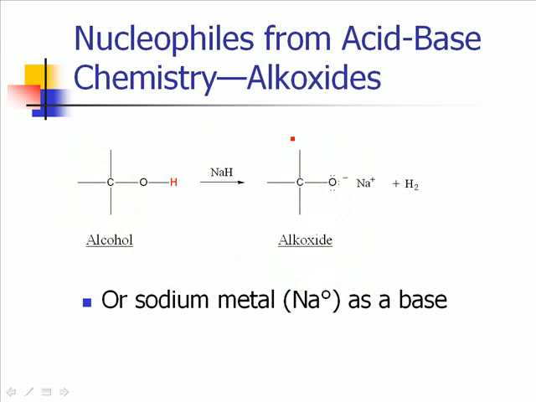Let's look at how we could synthesize the nucleophile alkoxide from an alcohol. Alcohols are weak acids. Their pKa is about 15. And so one way to convert them into the alkoxide nucleophile is to react them with a reagent called sodium hydride. Sodium hydride's structure is Na+ and H with a pair of electrons and a negative charge.